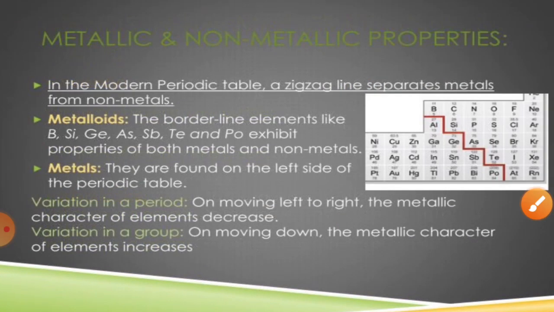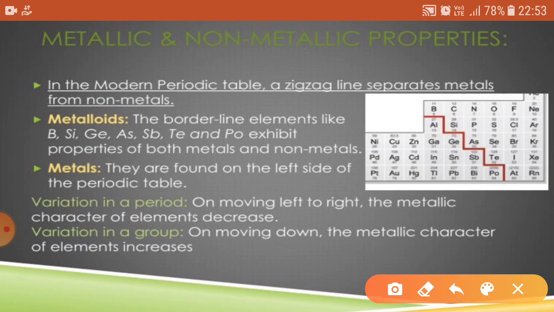Now the next property is the metallic character. Basically, metals are found on the left-hand side of the periodic table and the metallic character increases on moving down the group, because a metal basically loses an electron and it is easy to lose an electron down the group.